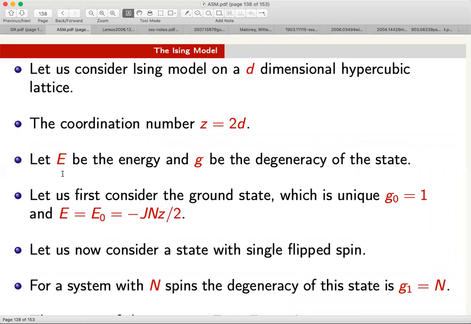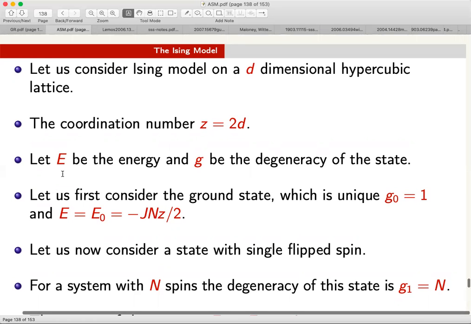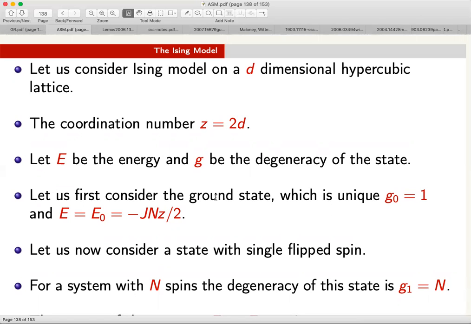We define E to be the energy and G to be the degeneracy of the state. So let's first consider the ground state. Now, the ground state is of course unique because all spins are pointing in the same direction, right? And that ground state would have energy given by E0, which is minus J times the number of spins times the coordination number divided by 2.